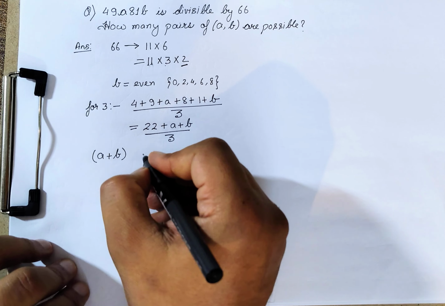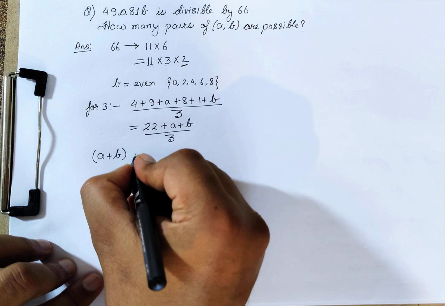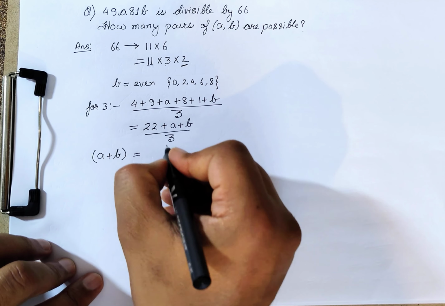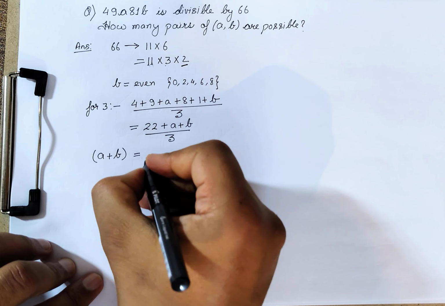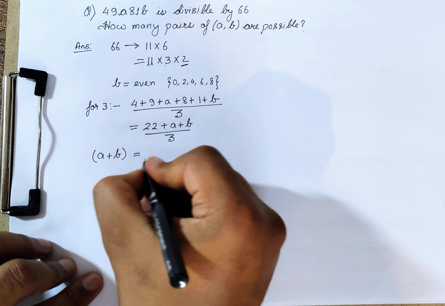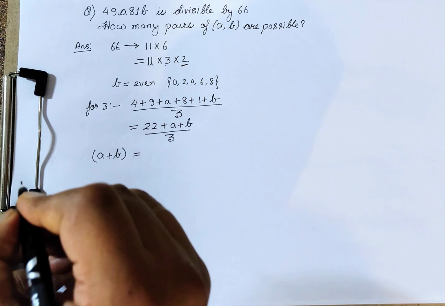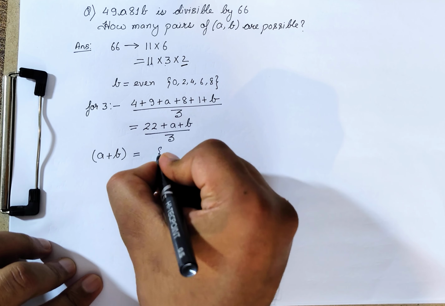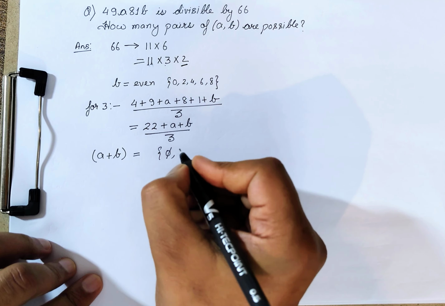If A plus B is 0, it is 22 by 3, which is not completely divisible, hence 0 is ruled out. So A plus B cannot be 0, right? So 0 is ruled out.